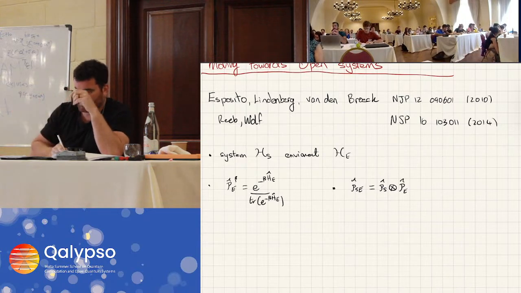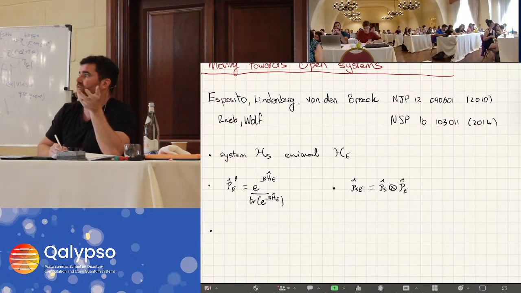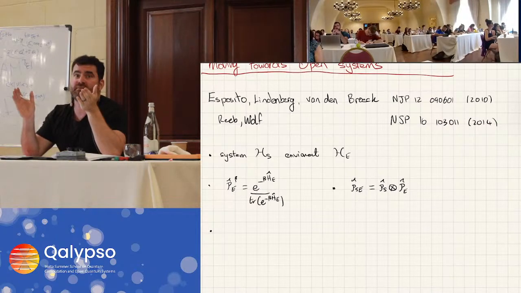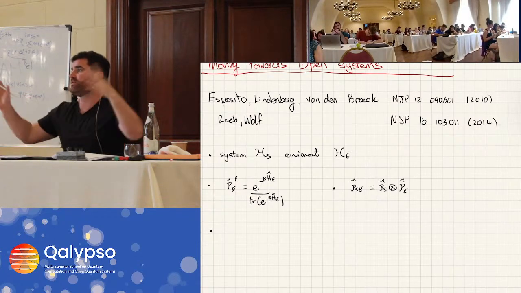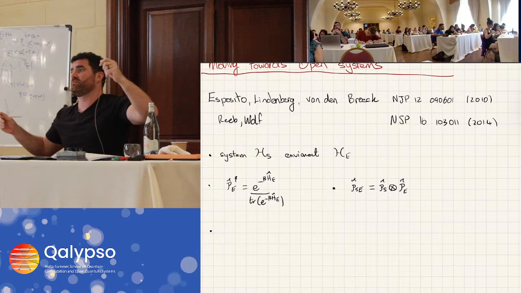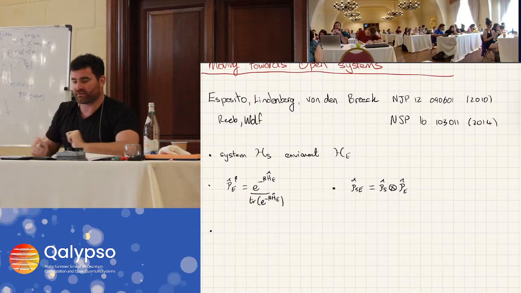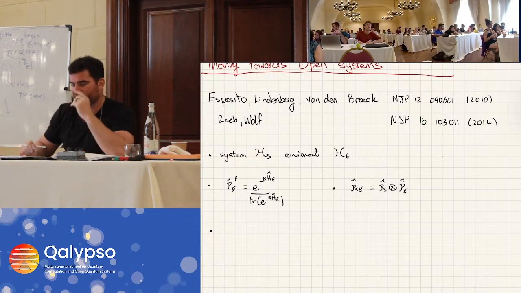Then we're going to couple the system and the environment through a unitary. The environment is going to have a finite dimensional Hilbert space as well. I'm not taking any N going to infinity limit for the environment. You can think of it as a fairly large system. You could interchange the roles of either; it doesn't really matter, but one of them starts off in a thermal state, and we call it the environment.